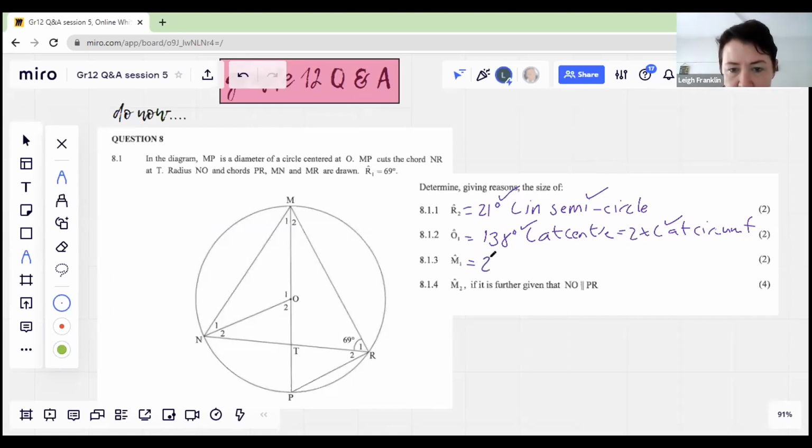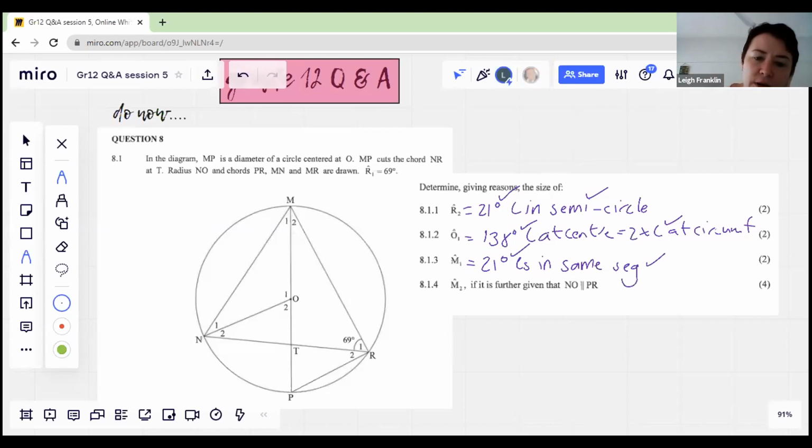What do we call what I've just done now? Angles in the same segment. That's it. Good, Jaden and Fatima. Angles in the same segment. Good job. Obviously, there's another way to do that, but we want to do things the shortest way possible, especially if it's only worth 2 marks.